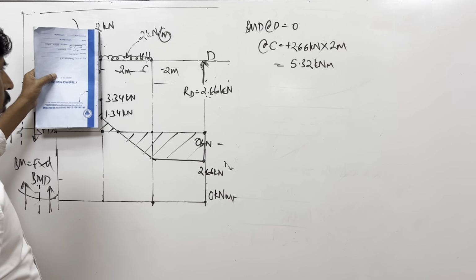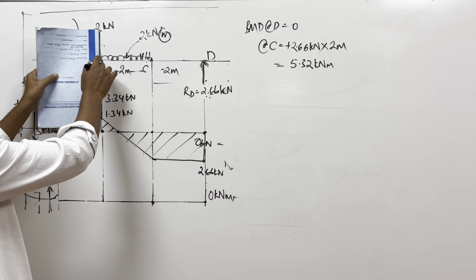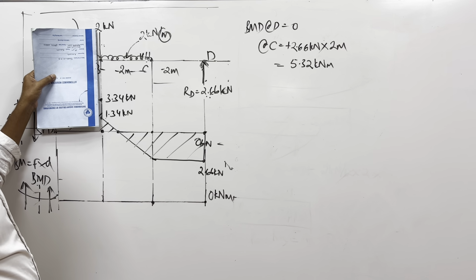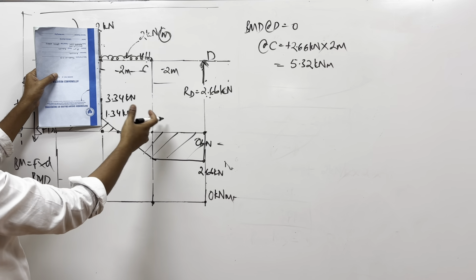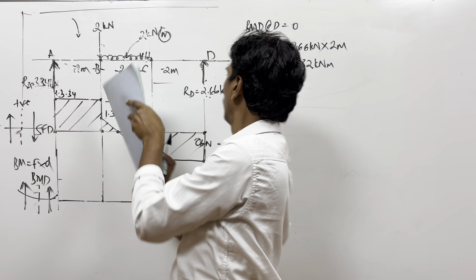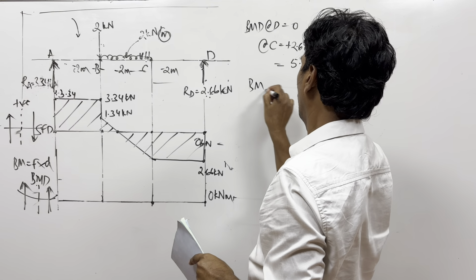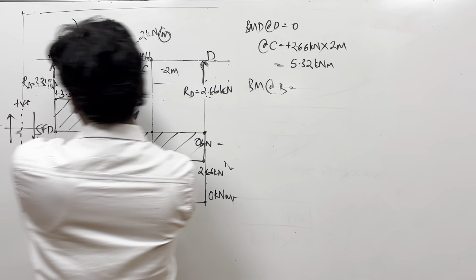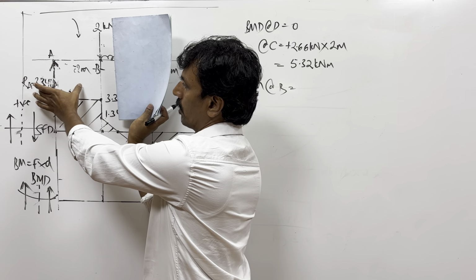And if you go to this point here, then it becomes very lengthy. So what is the best thing? Instead of seeing on the right hand side, you see on the left hand side. At this point, bending moment at B. Don't see on the right hand side, see on the left hand side here. On the left hand side, what is this value?